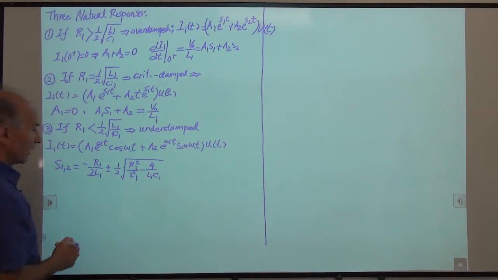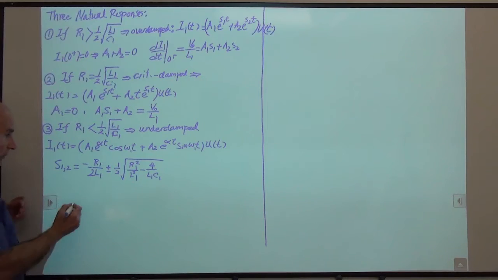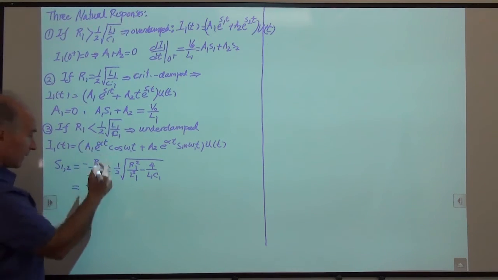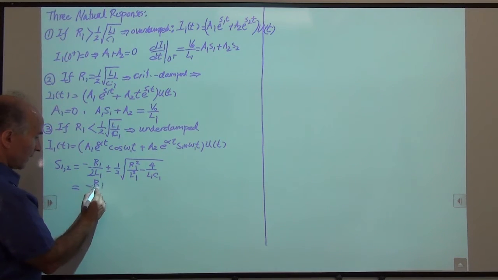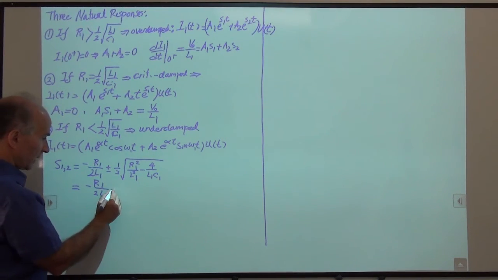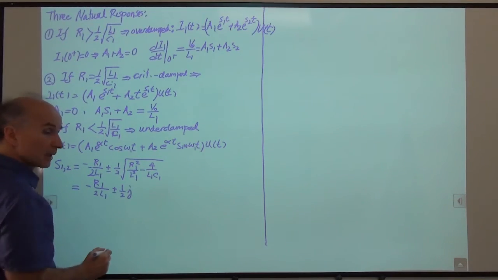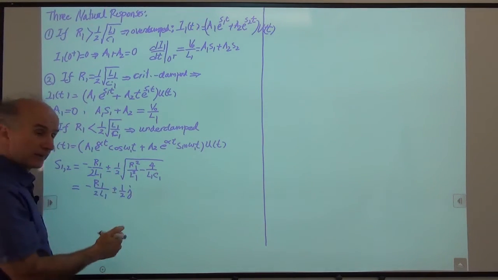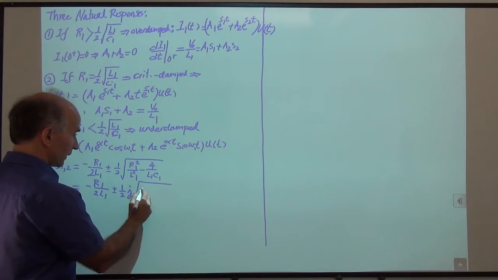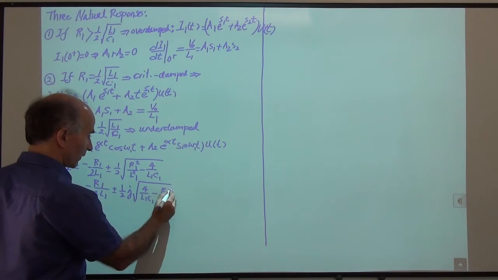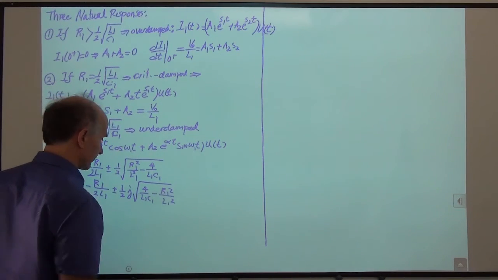Okay. All right. So I'm going to write this in the following form. If this condition is true, I will write it as minus R1 over 2L1, then plus minus 1/2 j, and I swap these two. So now I have the square root of 4 over L1 C1 minus R1 squared over L1 squared.